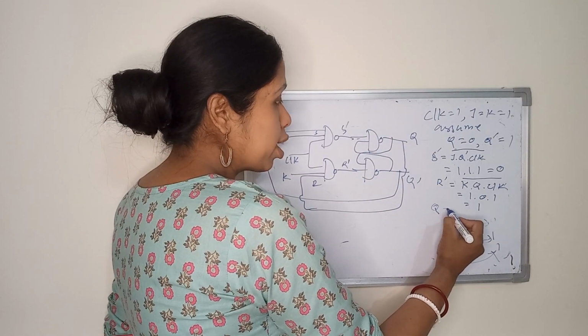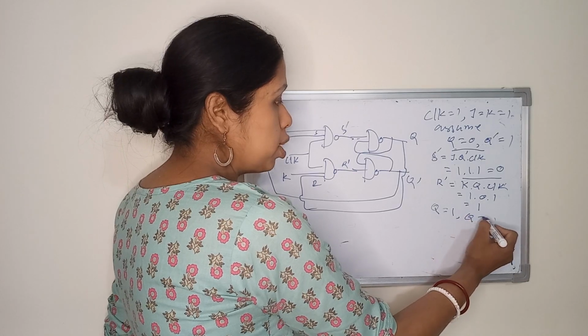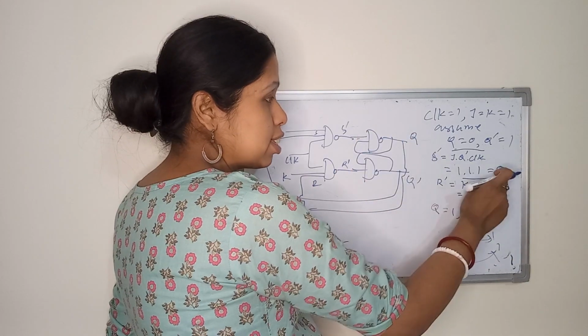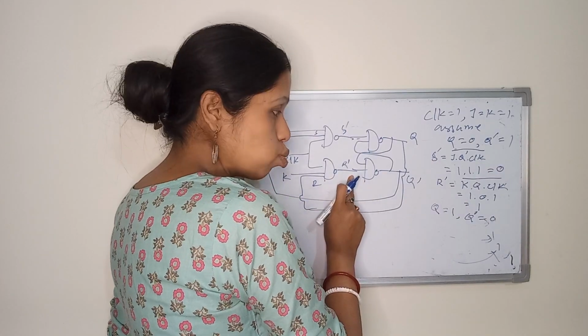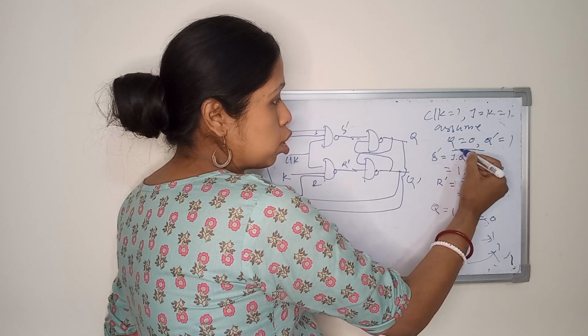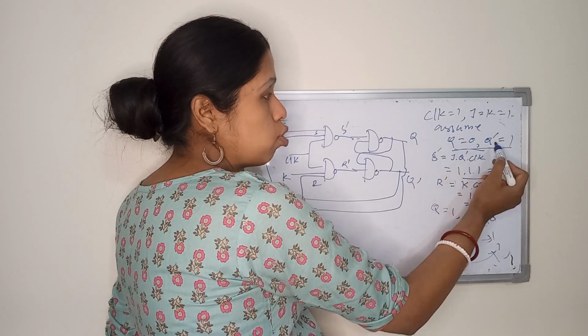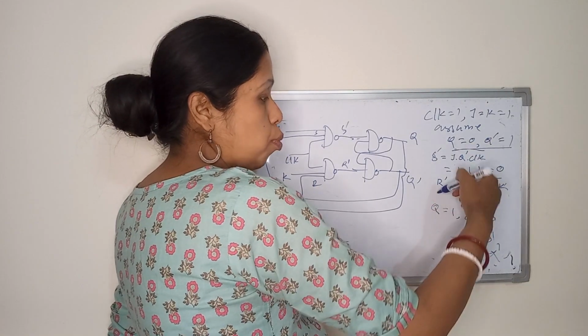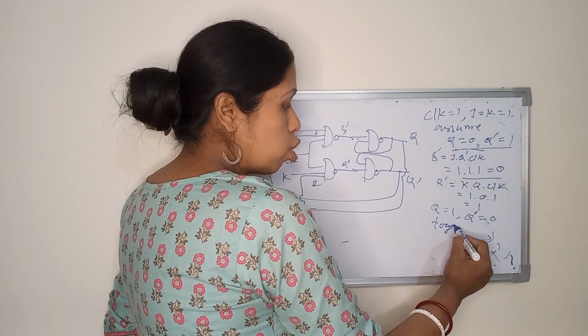Output will be Q is 1 and Q prime is 0. If you recall the SR NAND latch, if S prime is 0 and R prime is 1, Q will be 1 and Q prime is 0. Suppose I am assuming that my previous value Q is 0 and Q prime is 1. Now Q will be 1 and Q prime is 0. Just opposite. This is called the toggle condition.